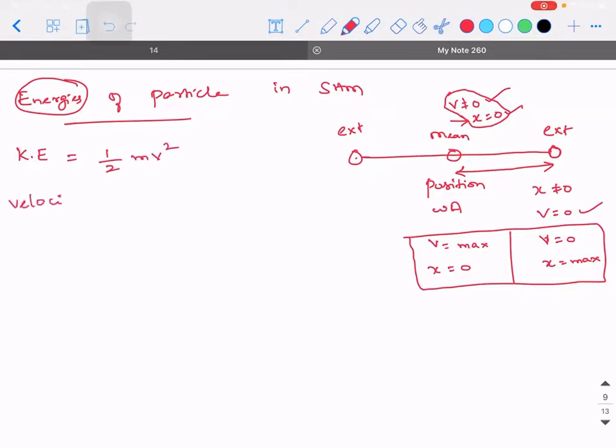And what is the velocity of a particle in SHM?